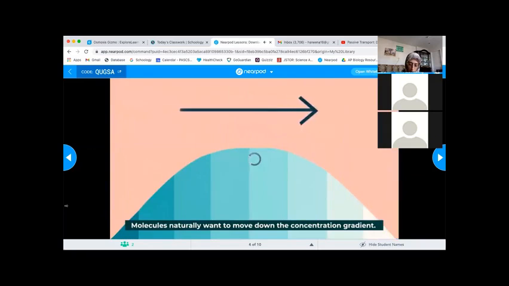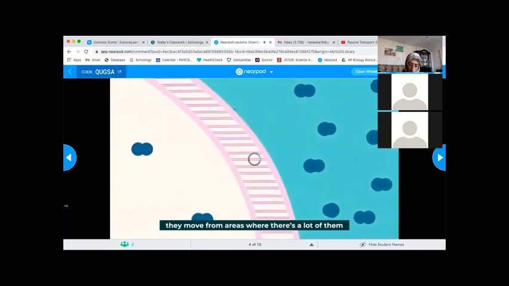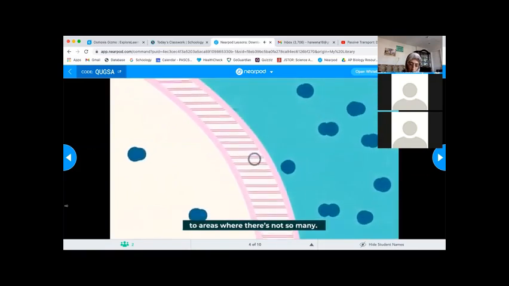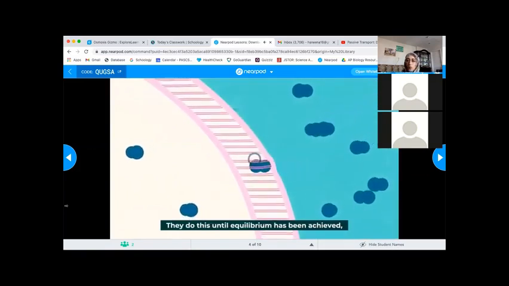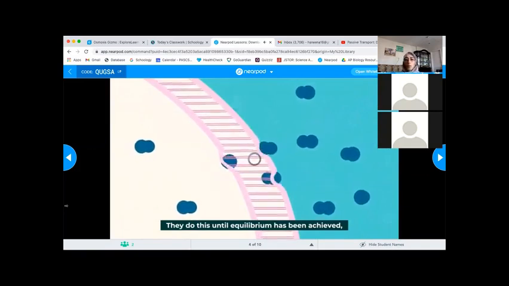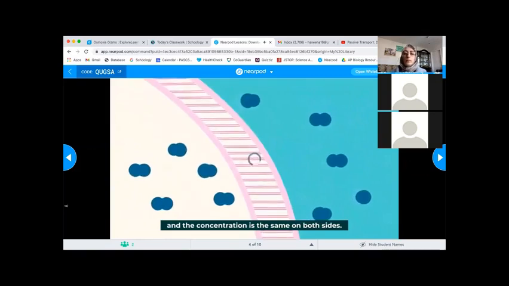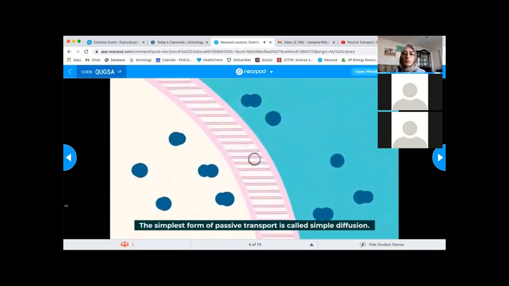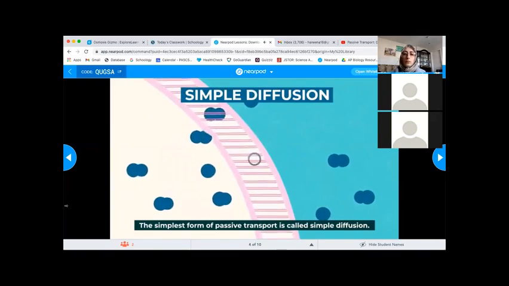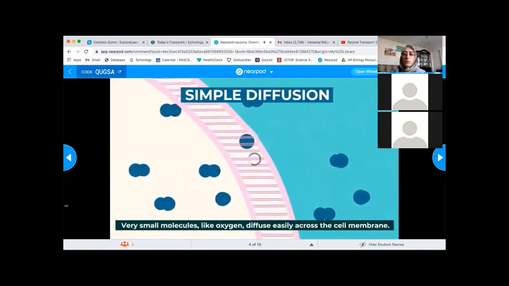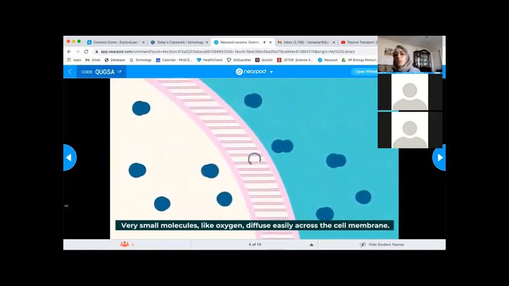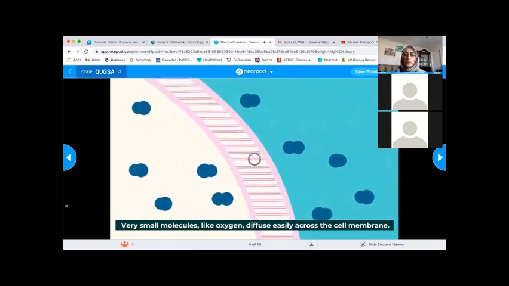Molecules naturally want to move down the concentration gradient. That's just a fancy way of saying they move from areas where there's a lot of them to areas where there's not so many. They do this until equilibrium has been achieved and the concentration is the same on both sides. The simplest form of passive transport is called simple diffusion. Very small molecules, like oxygen, diffuse easily across the cell membrane.